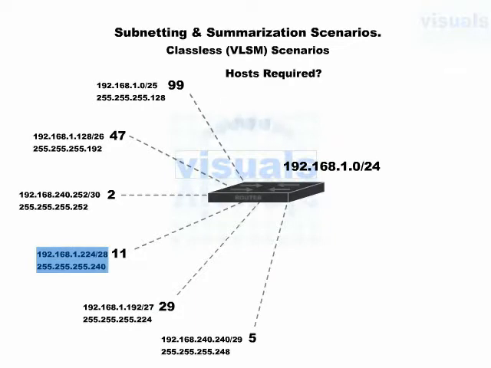For this network, valid addresses are from 192.168.1.225 to 238, and the broadcast address for this network is 192.168.1.239. Now let's move towards the next network.